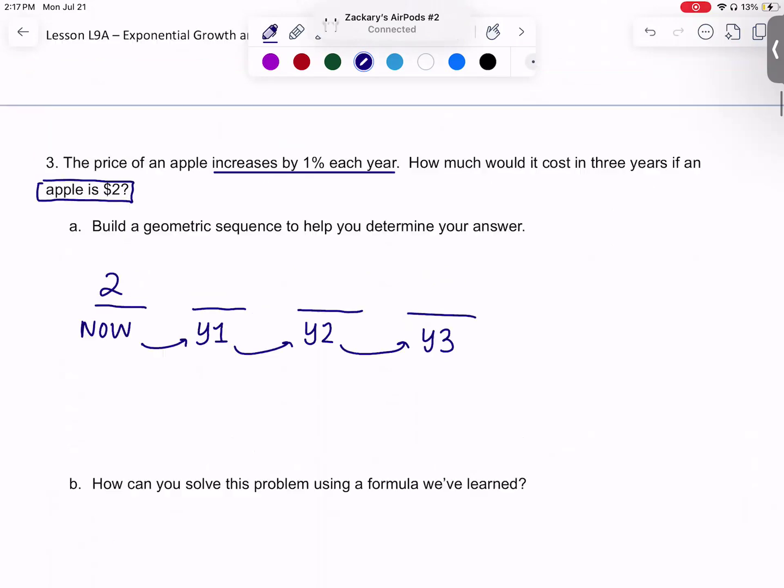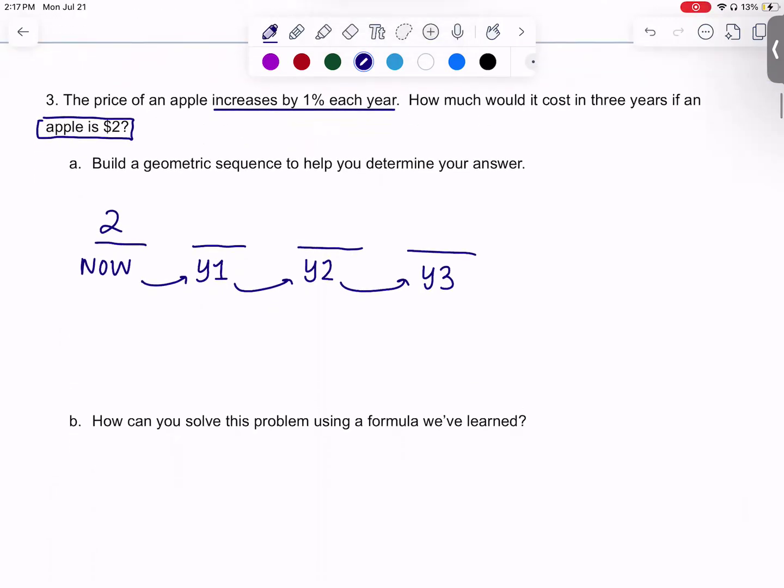We should actually be multiplying by 1% more than $2. So how do we represent that more than? Well, $2 is the original amount, and original is represented by 100%. So we can actually say that increasing by 1% is 100% plus 1%.